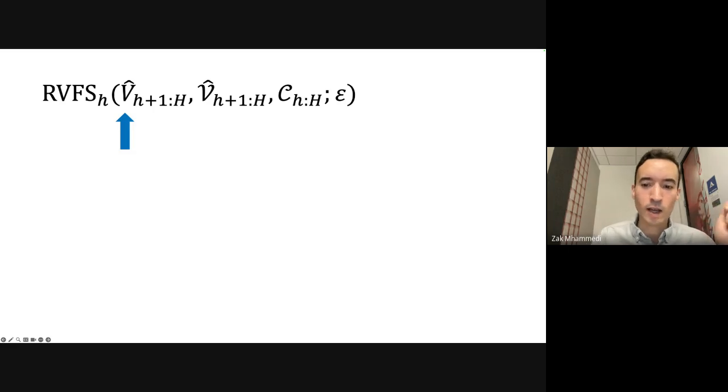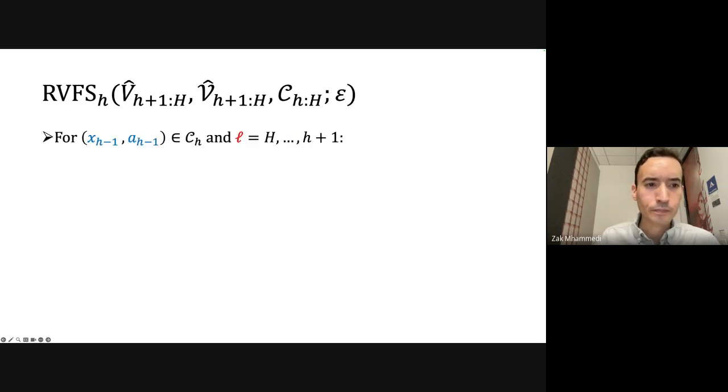The algorithm takes as input some estimated value functions for future layers, and it also takes in confidence sets for future layers and core sets. Intuitively, core sets are state action pairs from which you will be doing rollouts to refine your estimates of the value function. Epsilon here represents the desired level of suboptimality.